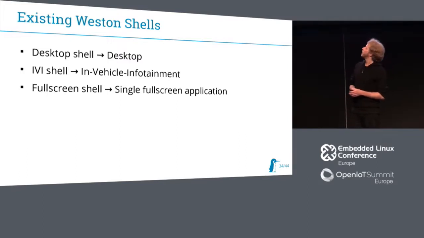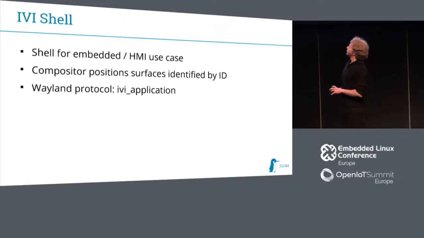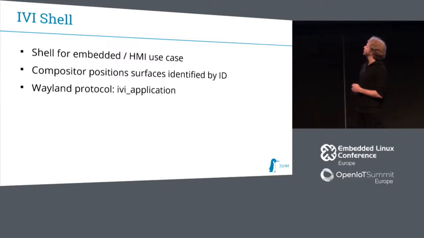So, wait. In-vehicle infotainment sounds a lot like an embedded use case. So we might just use this IVI shell for our embedded system. So the IVI shell is exactly for the embedded or HMI use case.